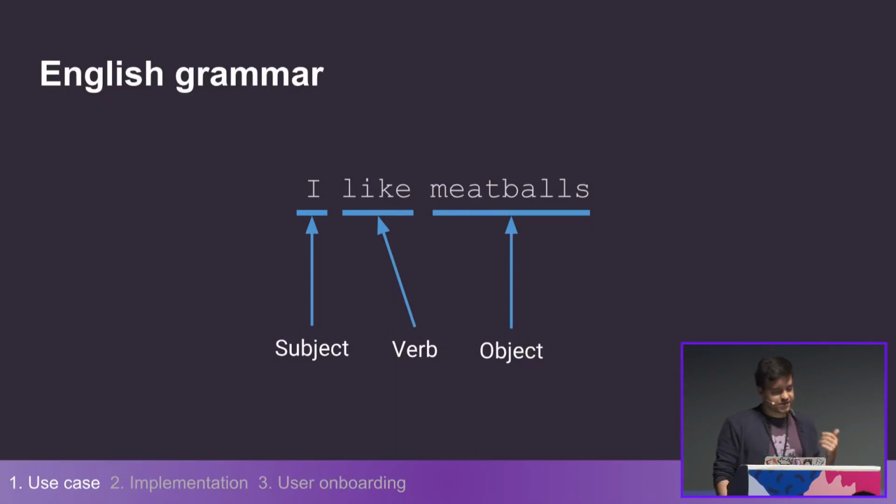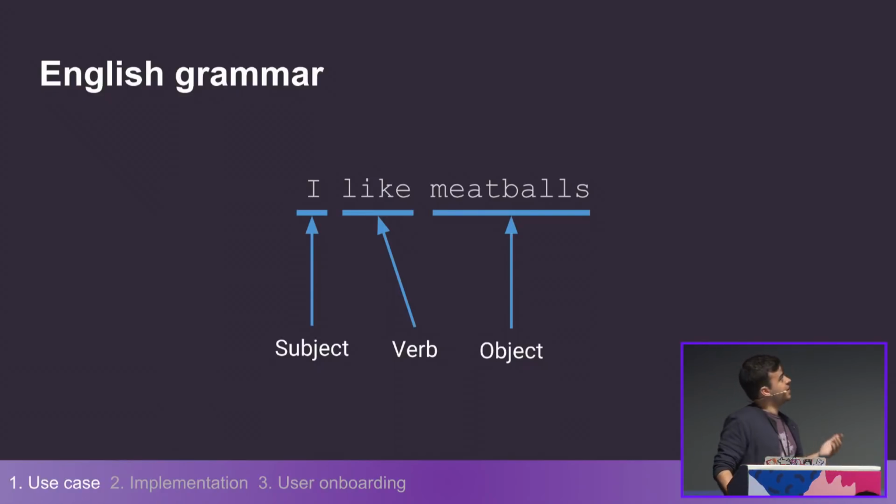And then I can use a second rule, which would say the first word is the subject, the second word is the verb, and the third is the object, to say that I is my subject, like is my verb, and meatballs is my object. By defining all those kinds of rules, you'll really be able to extract words and then the context of those words and find the meaning of the sentence.